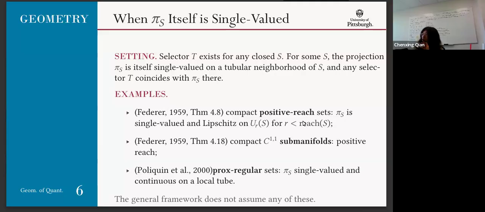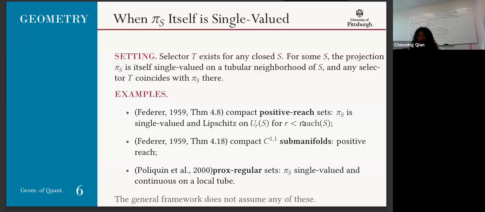Reach is a quantity defined in a tubular neighborhood of S. And if the reach is positive, then the projection pi s is single valued locally. What's better is it's also locally Lipschitz. The case includes the compact C11 submanifold by the Federer theorem.